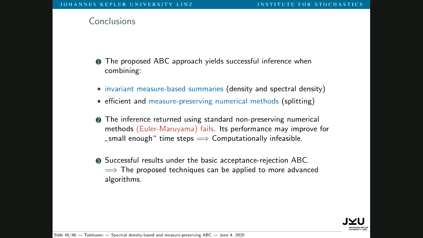And in contrast, we observe that the inference returned using Euler-Maruyama can lead to very wrong results. And as I mentioned earlier, one may obtain improved results for small enough time steps. But first, things are getting computationally very heavy.